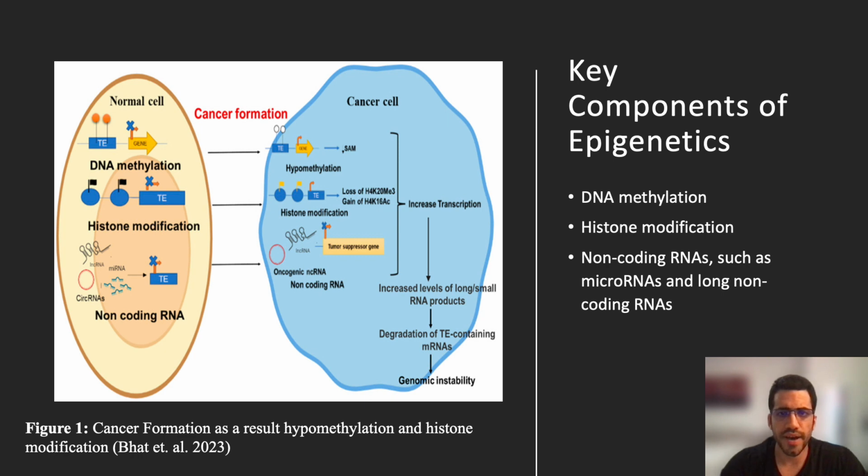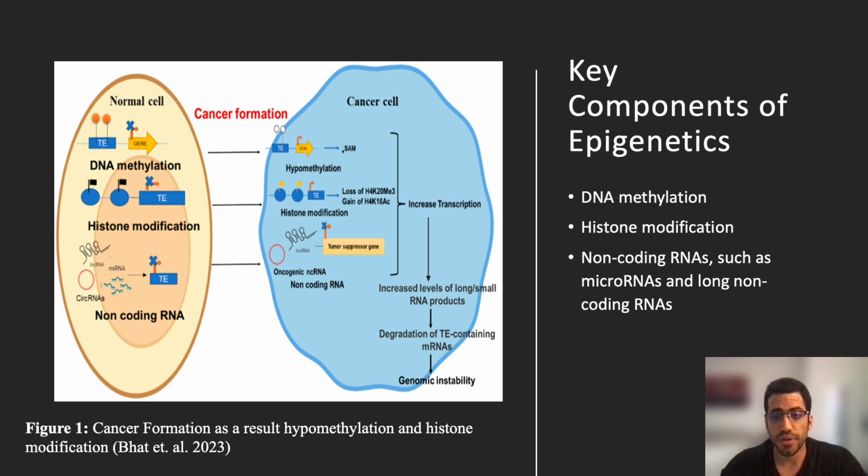Now, let's quickly define these components. DNA methylation refers to the addition of a methyl group to a DNA molecule. This is often associated with gene silencing or activation of the gene, depending on the context and the location of such molecule.